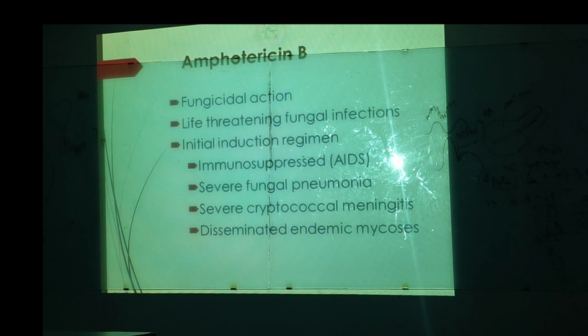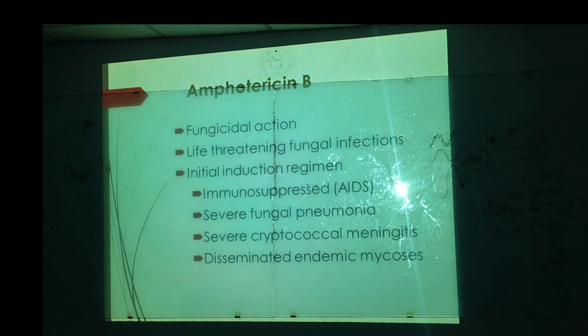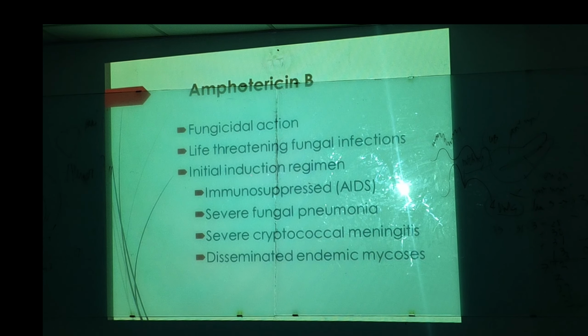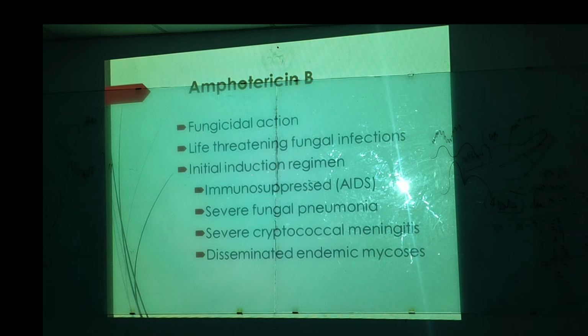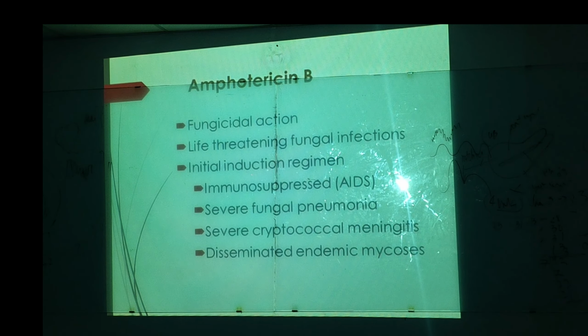Amphotericin B is fungicidal. It can kill fungi, okay? It is for life-threatening fungal infections, and it is usually used for the initial induction regimen, the initial phase of management of severe fungal infections, like in patients who are immunocompromised or immunosuppressed, like patients with AIDS.